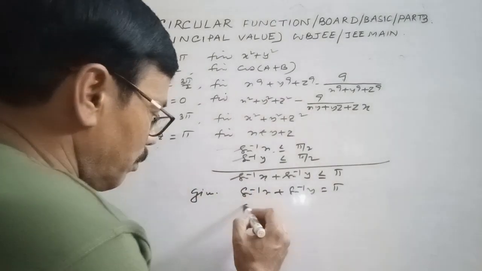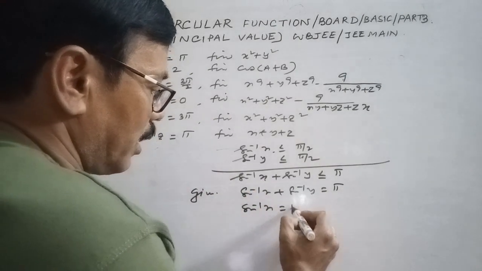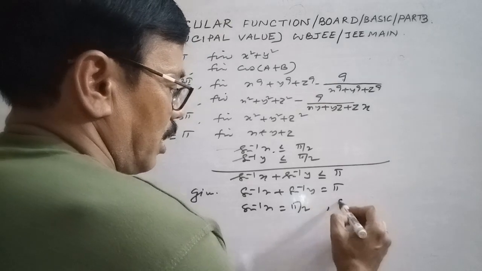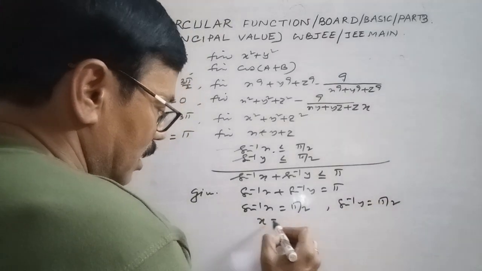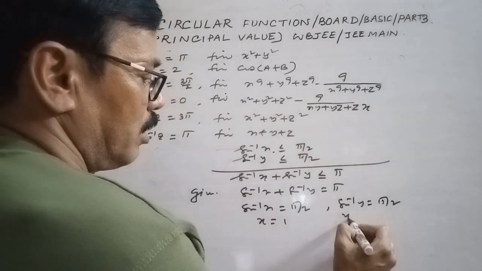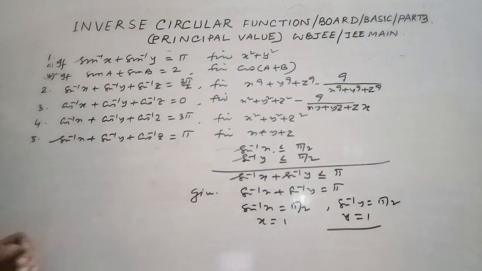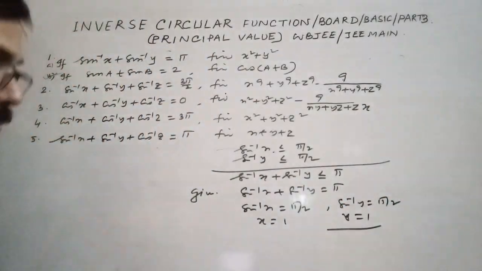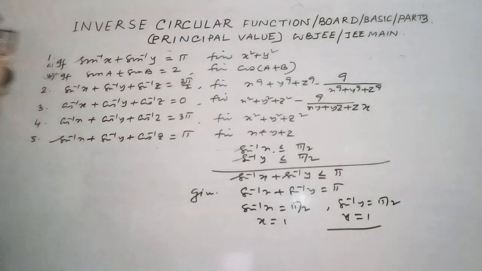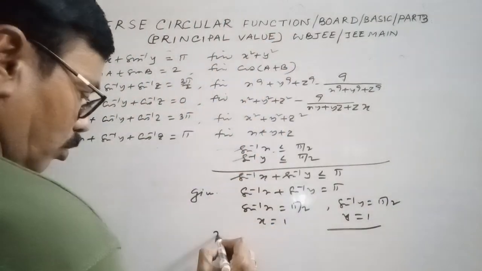So this is possible when sin inverse x equals pi by 2 and sin inverse y equals pi by 2. So what is x? sin pi by 2, that is 1, and y equals 1. So these are problems using maximum or minimum. Now what you have to find? x square plus y square.